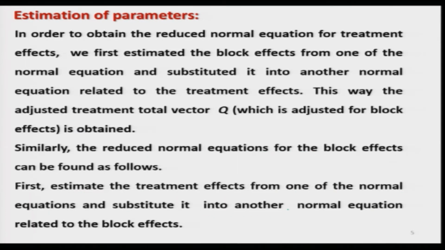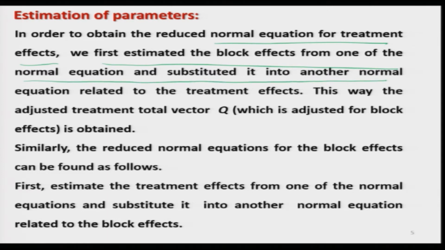Now, in order to obtain the reduced normal equations for the treatment effect, we are giving it a name. What we have done is first estimated the block effect from one of the normal equations and substituted it into another normal equation related to the treatment effect.